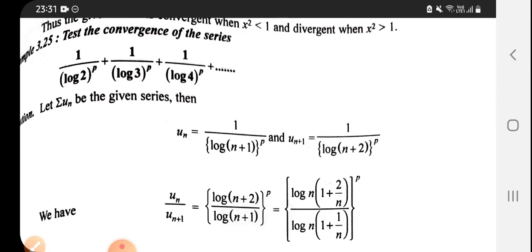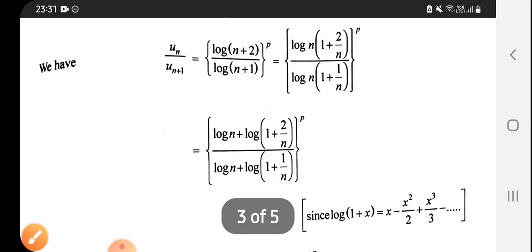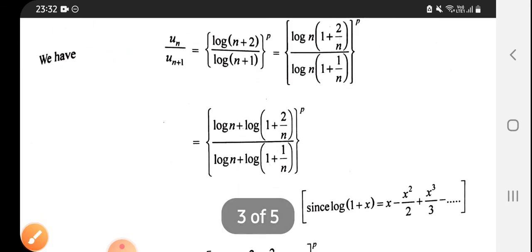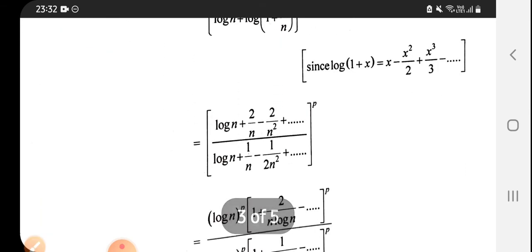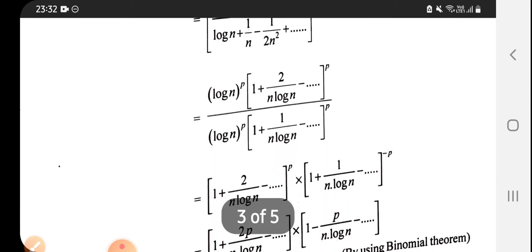Now this is the question, and this is the general term un and un plus 1. Un upon un plus 1 is this, and this is the logarithmic series.